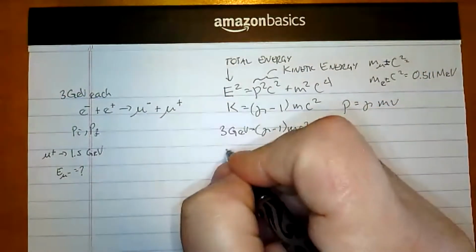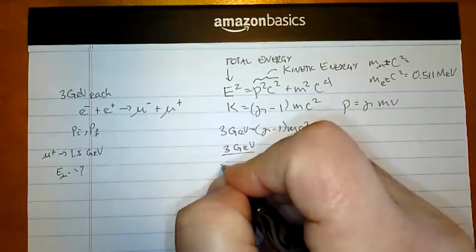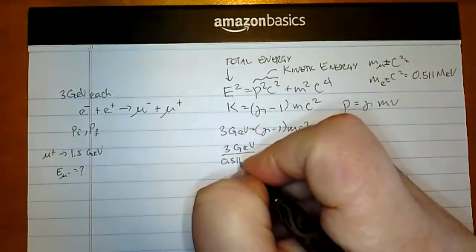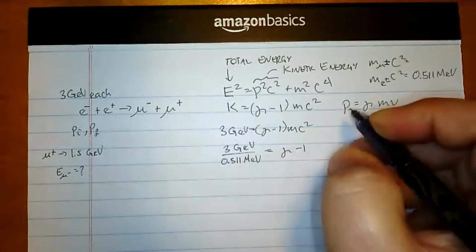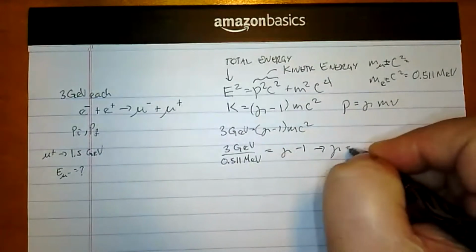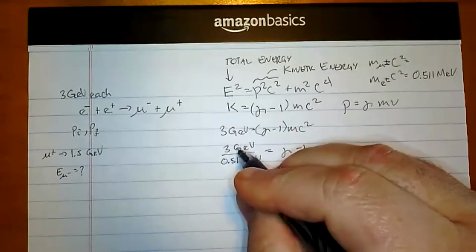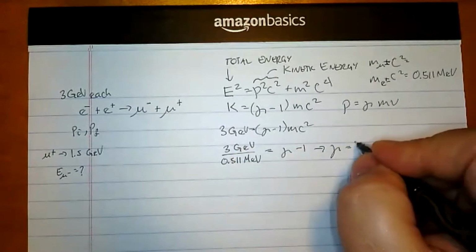So 3 GeV divided by 0.511 MeV is equal to gamma minus 1. Now I'm going to convert this to MeV. GeV is 10 to the 9th, MeV is 10 to the 6th, so this is 3,000.